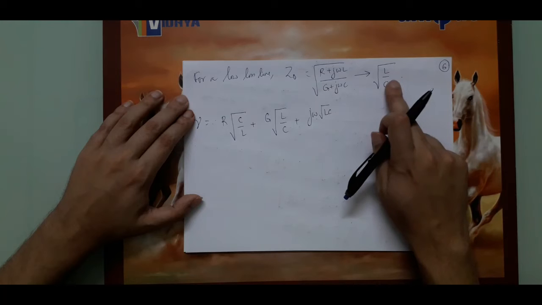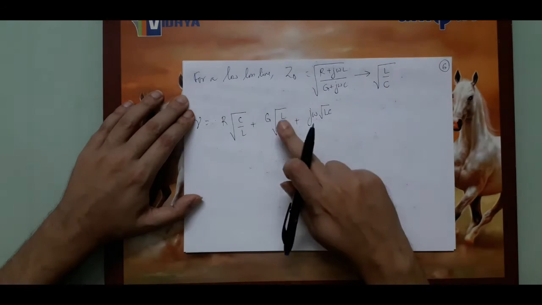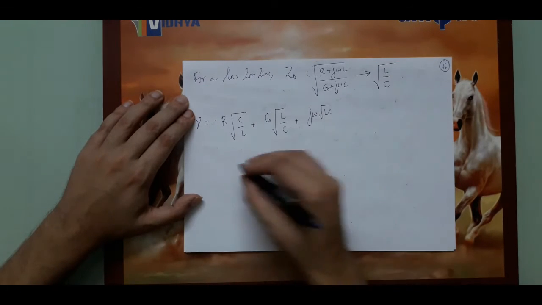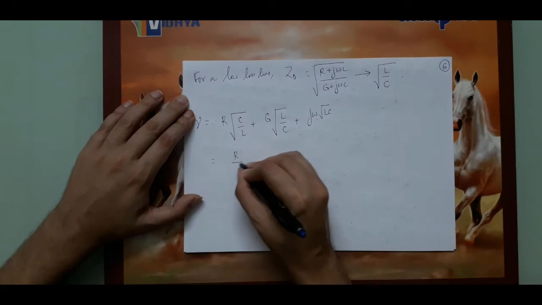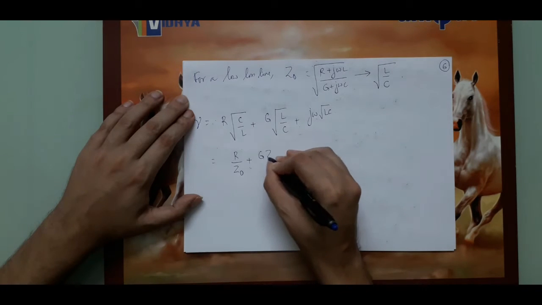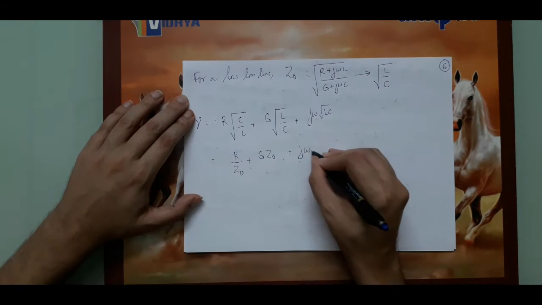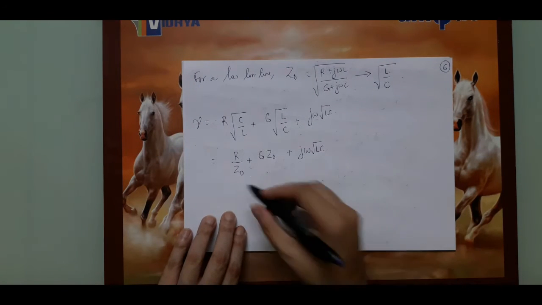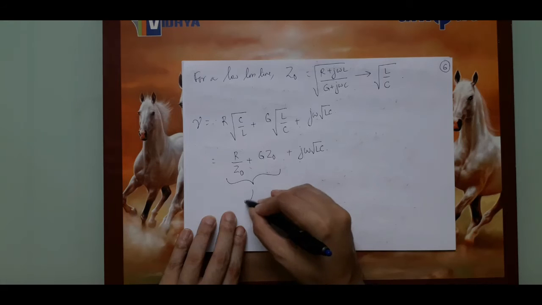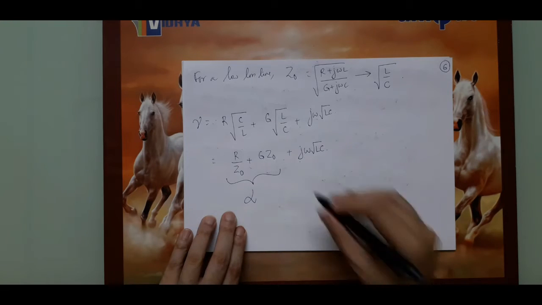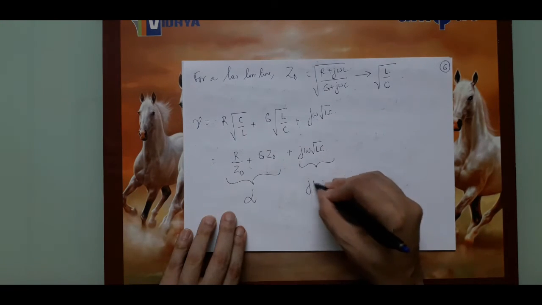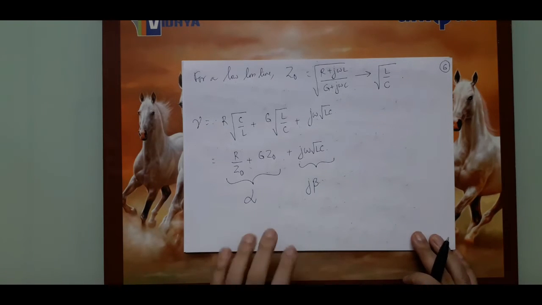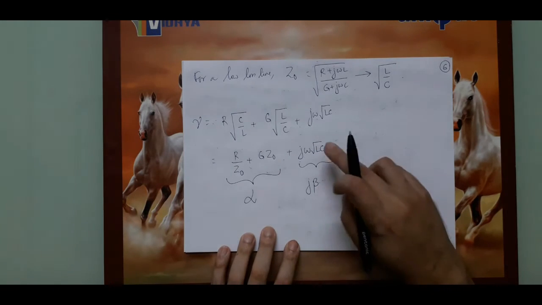Now what is under root L by C? It is Z0. And what is under root C by L? It is nothing but 1 by Z0. So I can write this is nothing but R by Z0 plus G Z0 plus j omega under root LC. This is the expression for gamma. So I can say that alpha is actually nothing but the real part. And this is j beta, which does not have any significant change when you look at the beta for a lossless line.